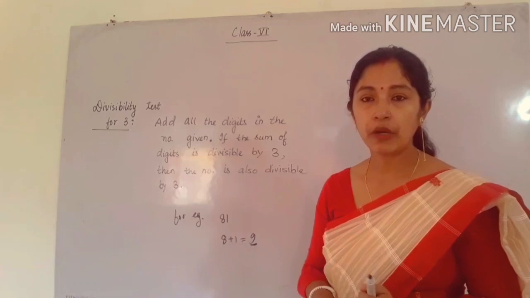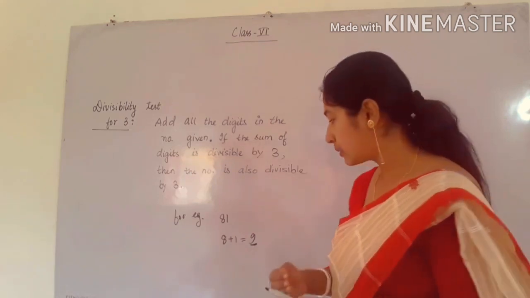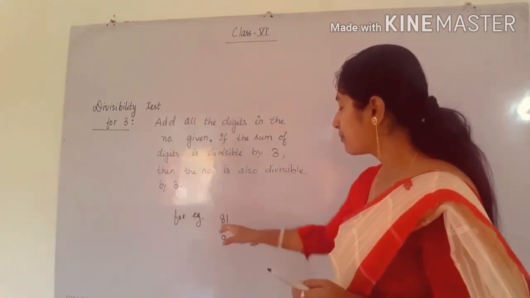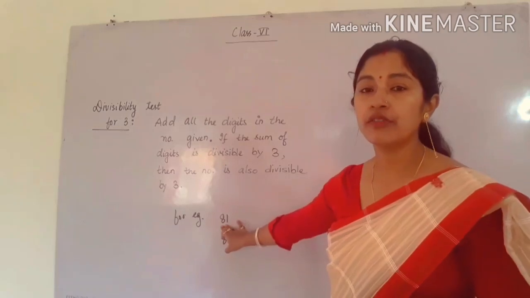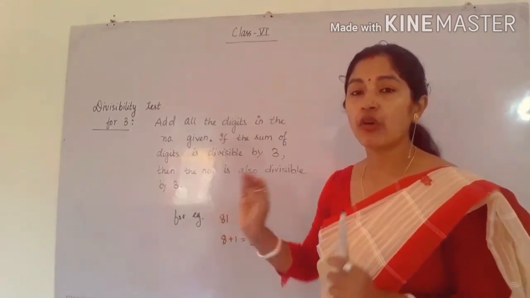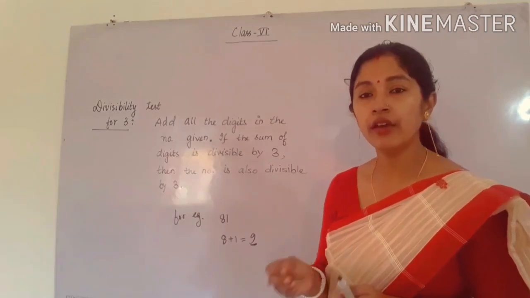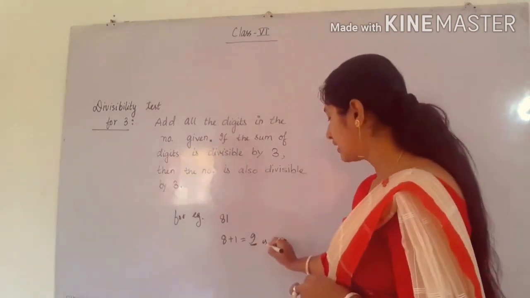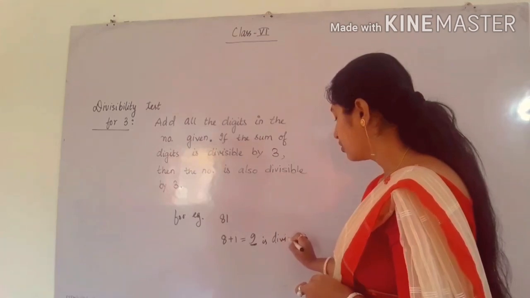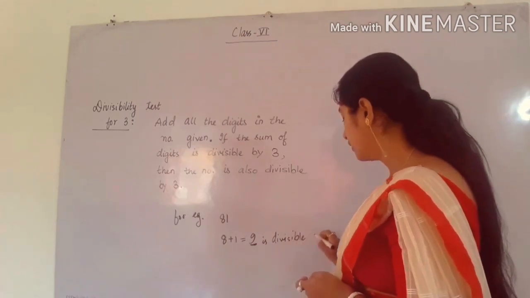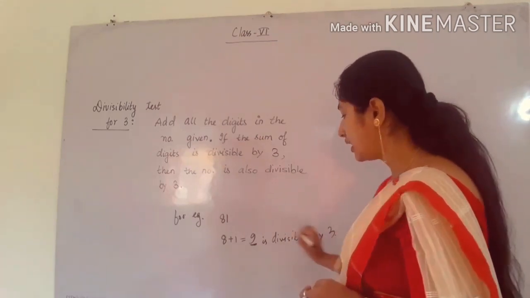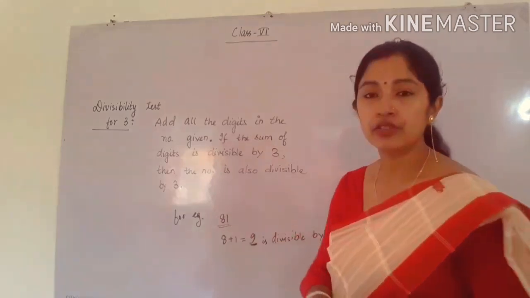Yes, 9 is divisible by 3. Therefore, we can say 81 is also divisible by 3. So what you have to check is to add all the digits in the given number, and here we can write that 9 is divisible by 3, so we can say 81 is also divisible by 3.